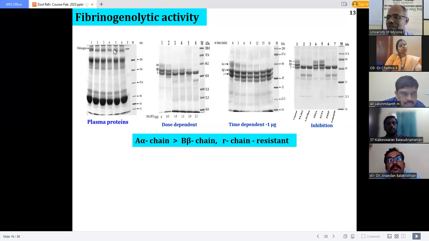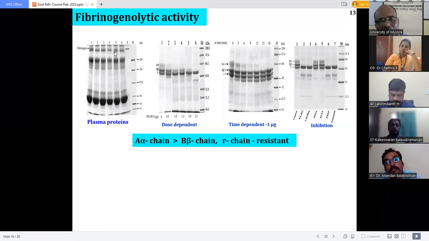That band is vanished. That means our protease is targeting only fibrinogen and no other plasma proteins. Look at the specificity over here. This is very, very crucial if you want to explore this protease for the next level. So our protease is highly specific for fibrinogen only.